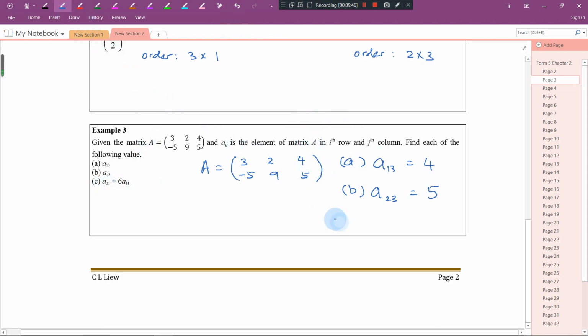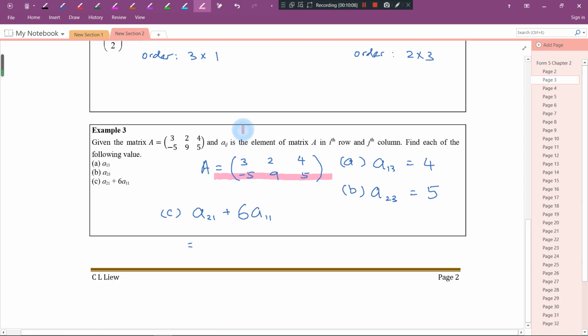How about C? Okay, I write over here: A21 plus 6 A11. 21 is second row, first column. Let me draw the line for you, easier for you to see.